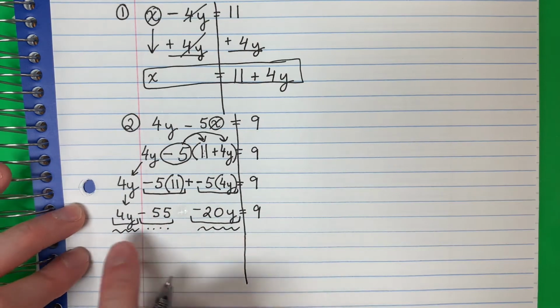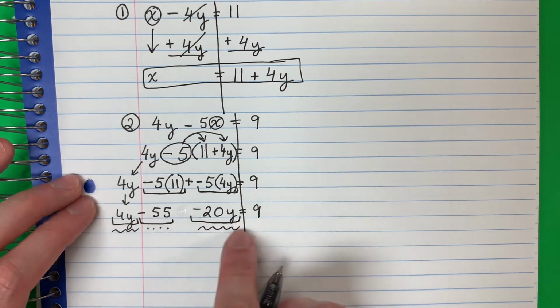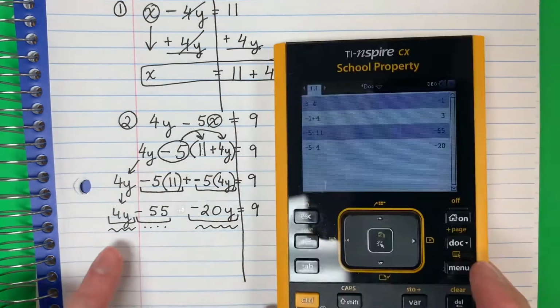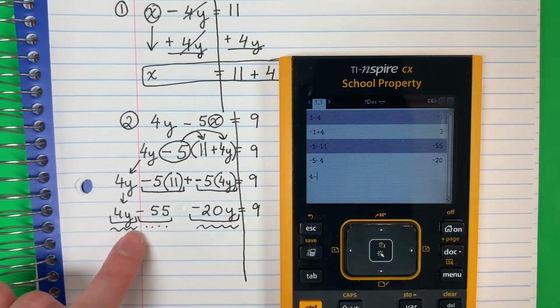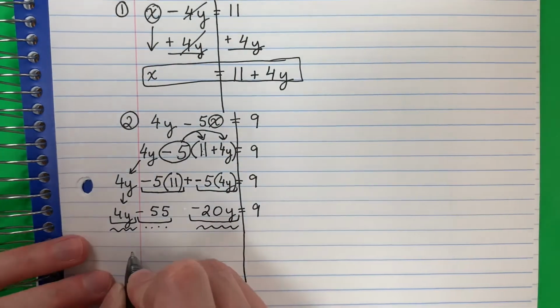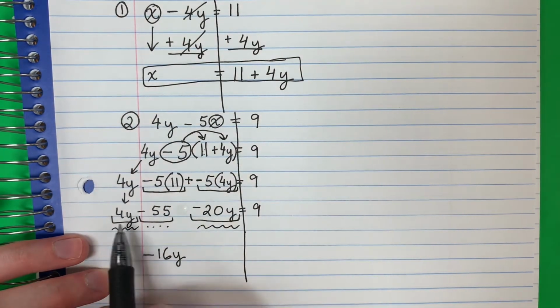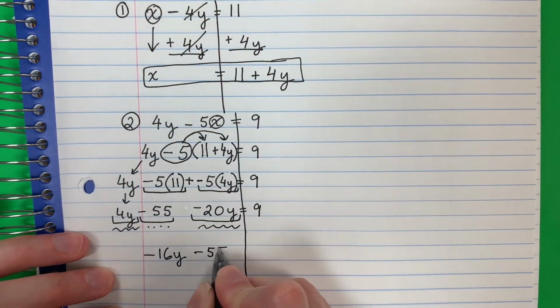Let's put in the calculator. Vamos a poner en la calculadora 4 minus 20. 4 menos 20. 4 minus 20, and I get negative 16. So negative 16, copy the y. That's negative 16, copy minus 55.